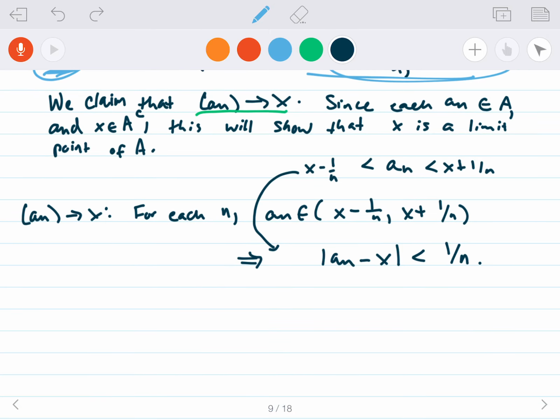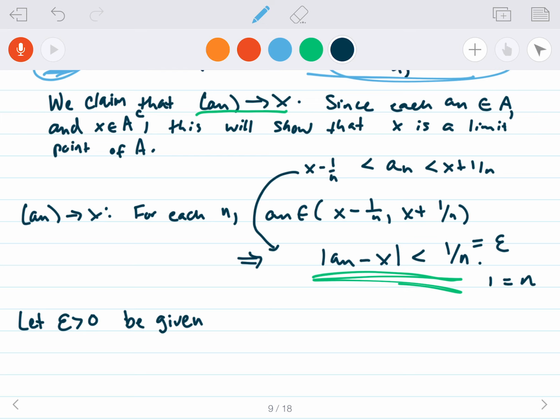And so, because we have this, let epsilon be bigger than 0, and we're going to choose, if we pretend for a second that this equals epsilon and we solve for little n, we get that little n equals 1 over epsilon, and so this is what we're choosing our capital N to be bigger than, right?